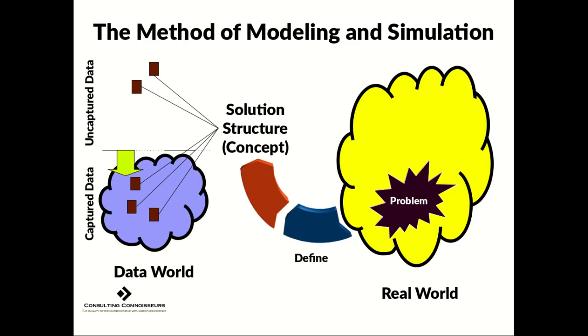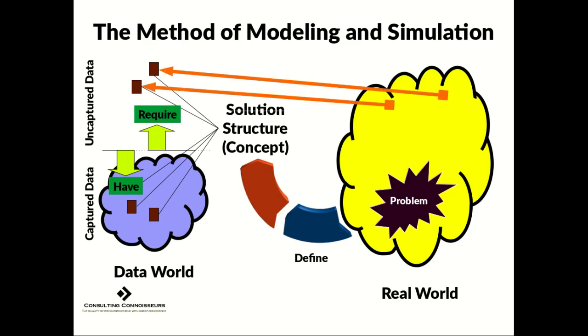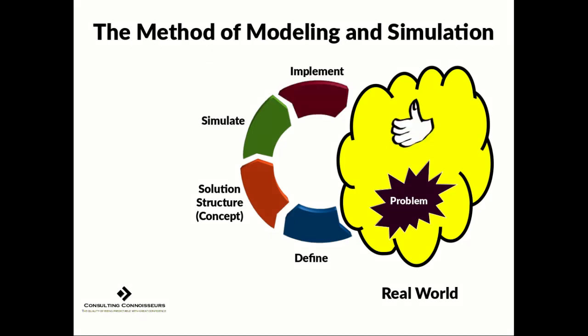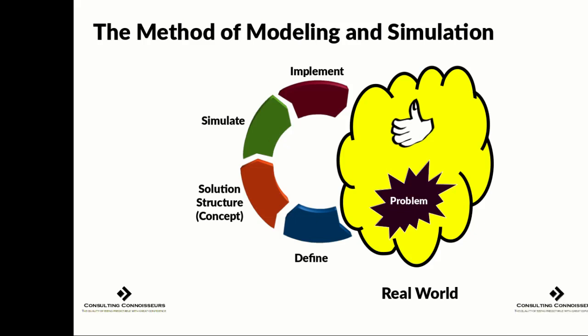That is, to put it in other words, what we need to know may not be the same as what we know. So modeling and simulations then go about picking that data from the real world. This is then used to develop a model and simulate results that are relevant to the real world. Finally, on getting the results, the best solution is tested and finally implemented in the real world.